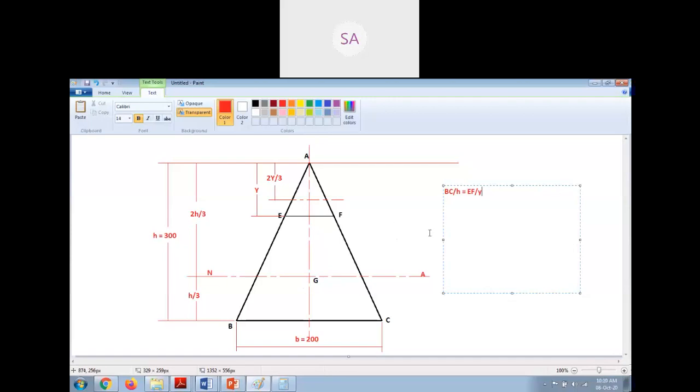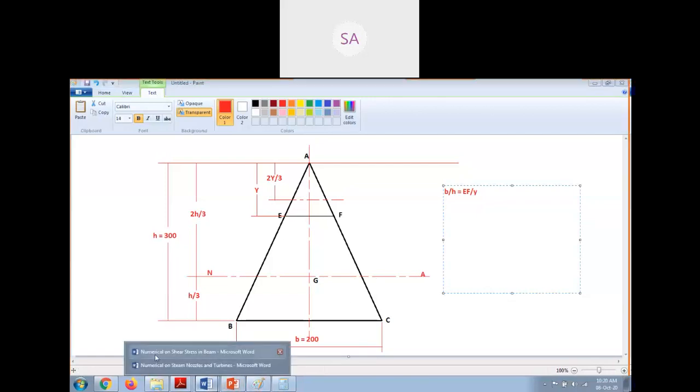You can do it that way also, or directly I have put it here. Now BC is actually B, so B by H is equal to EF by Y, or EF is equal to By by H. Did you get this? The length EF is By by H. So I'll just put that here.